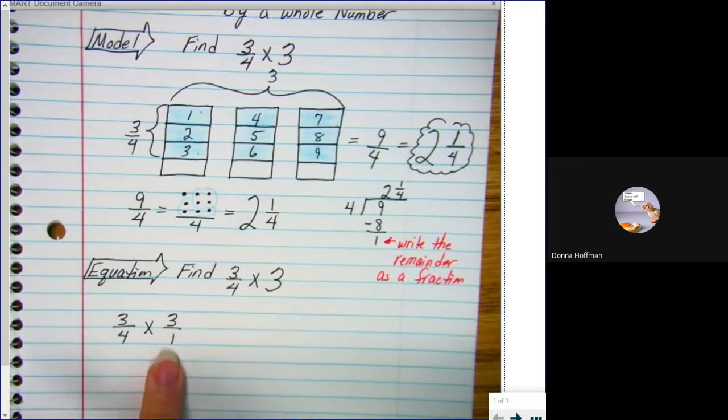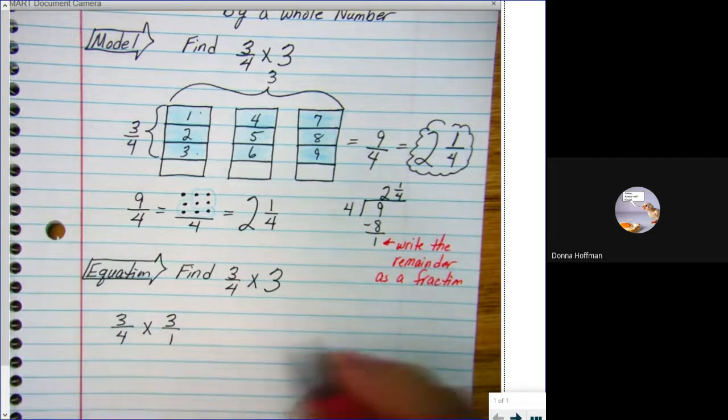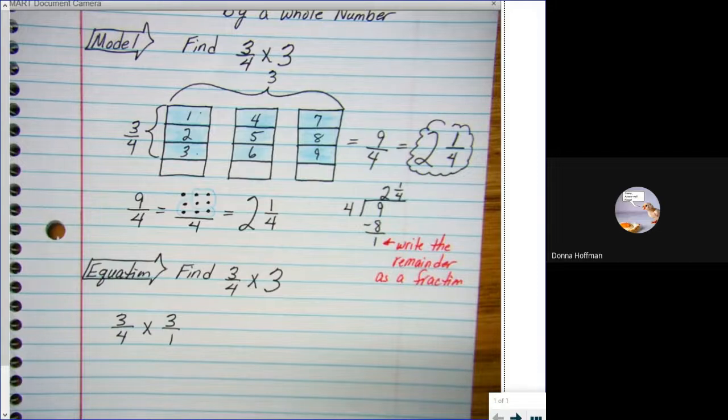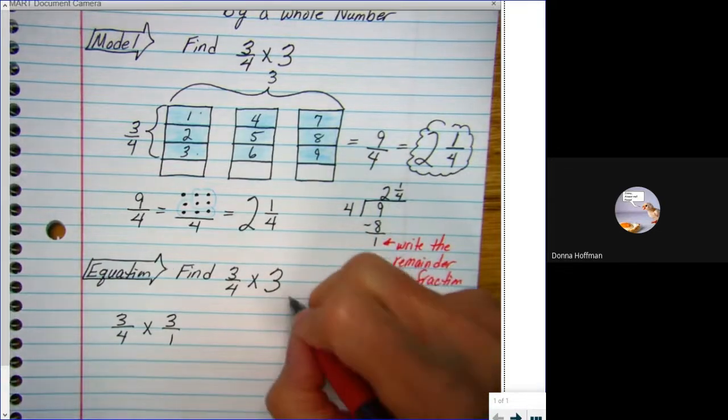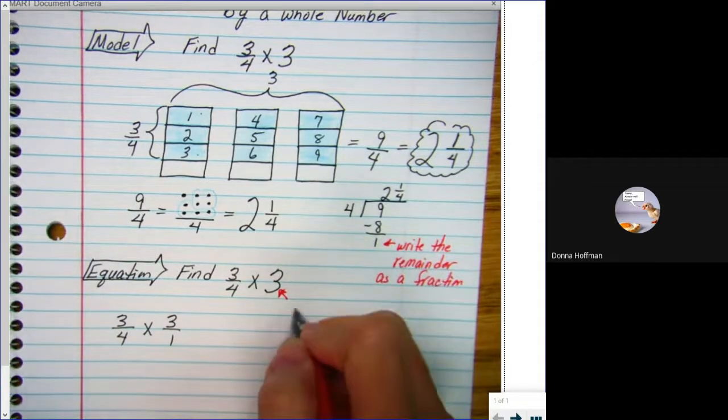Notice that I represented this differently. Here's the reason why. You have to write a whole number in fraction form. You can't multiply a fraction by a whole number. You have to represent this whole number as a fraction.